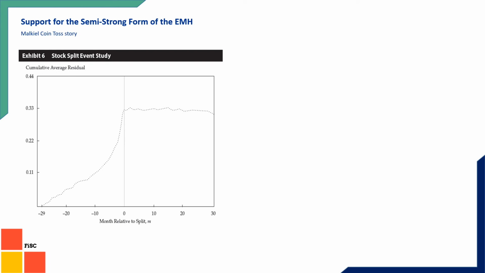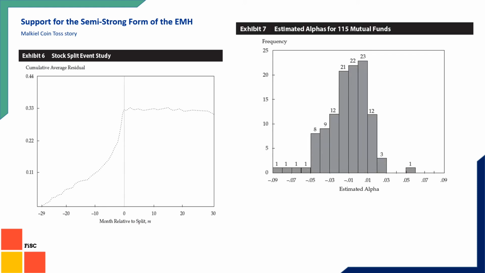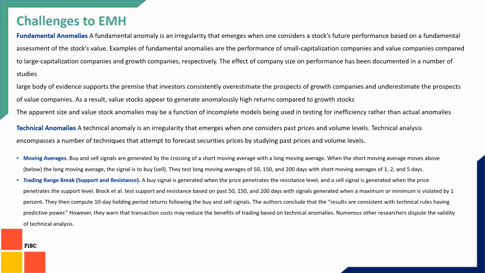That means the fundamental information is already included there. Also, there are a number of mutual funds which didn't get any excess alpha compared to the market. Both of these examples explain that fundamental analysis doesn't really help you in getting any excess returns. So these are some supports for semi-strong form efficiency.